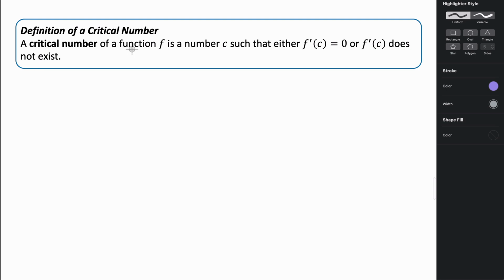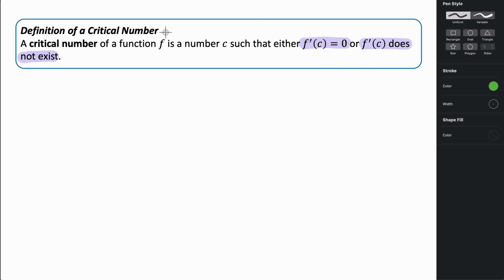A critical number of a function is a number c such that f prime of c is equal to 0, or f prime of c does not exist. So if you can find where your derivative is 0 or where it does not exist, those would be potential places where we will have an extremum.